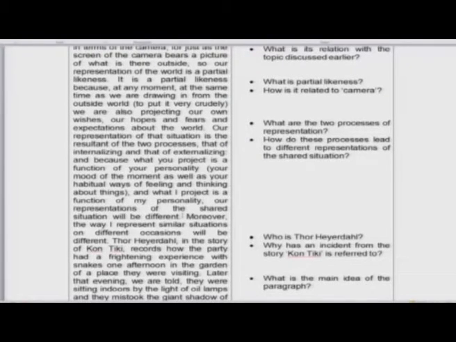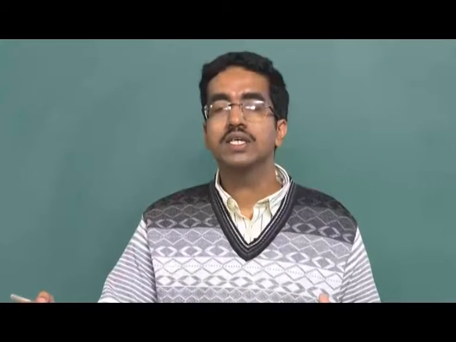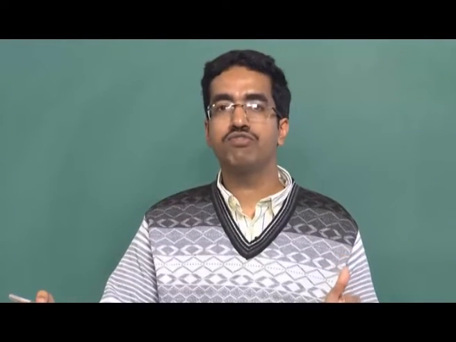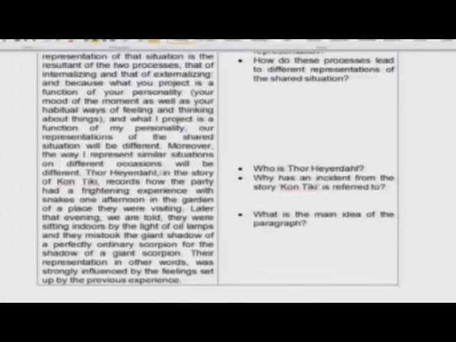So, as the writer mentions here, going back here, our hopes, fears, expectations and so on. So, these things are projected onto what we see and these things differ from individual to individual and therefore, there is difference. Okay. Then here we find reference to a person, Thor.